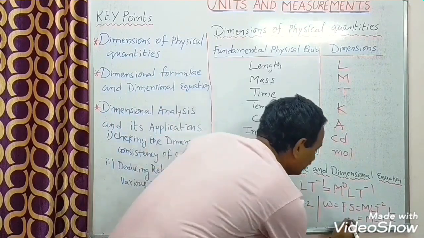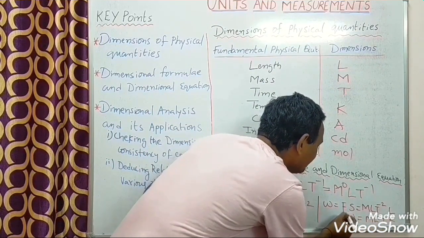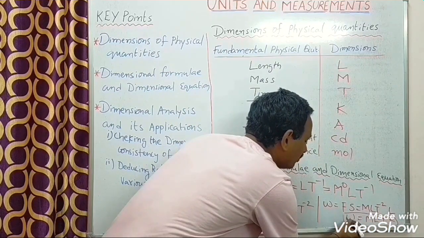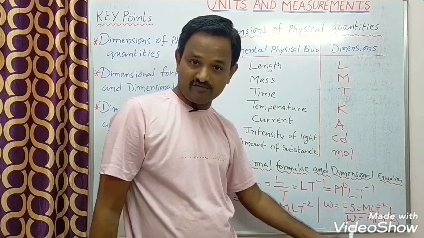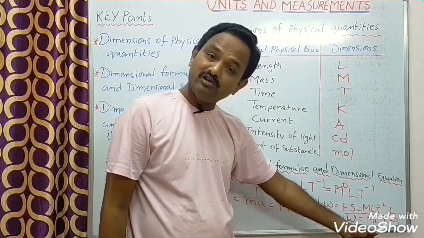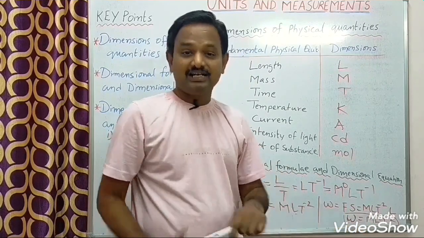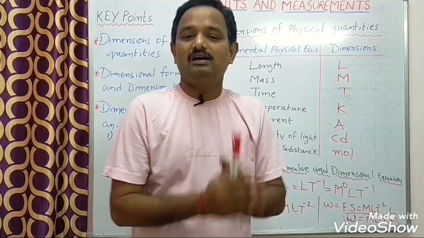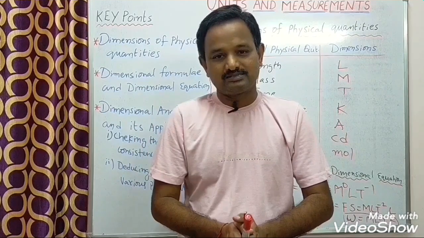Look at here, W equal to ML square T power minus 2. So here left side we have the physical quantity, right side we have the dimensional formula. That equation represents a dimensional equation. Okay, students. So next we will discuss dimensional analysis and its applications.